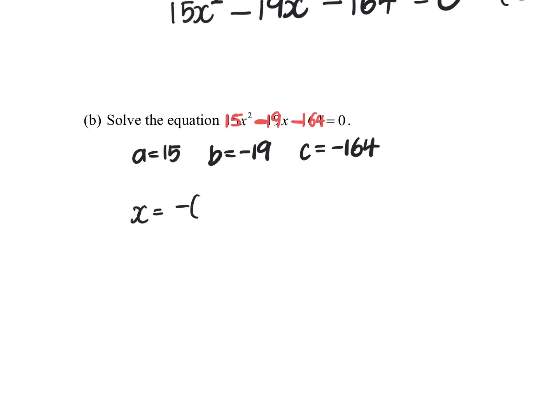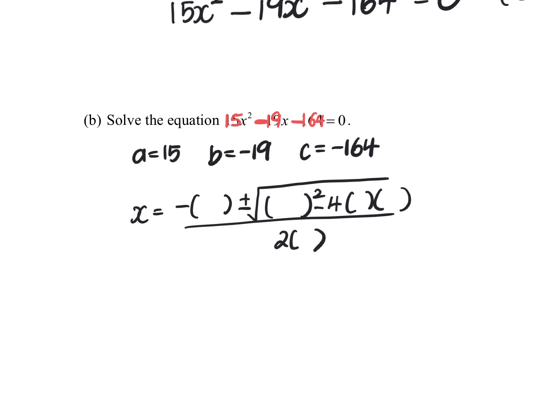So I'll solve for x, plugging it into my equation. x equals to -b, there are two answers, one plus and one minus, square root of b squared minus 4ac, over 2a. Remember, b is -19, so must remember to put brackets. Right, -19, remember to put brackets.